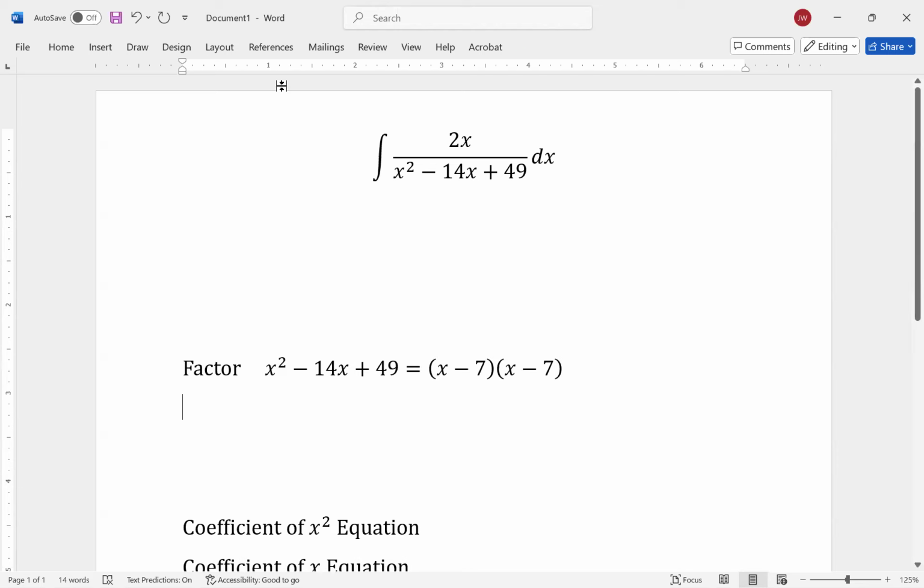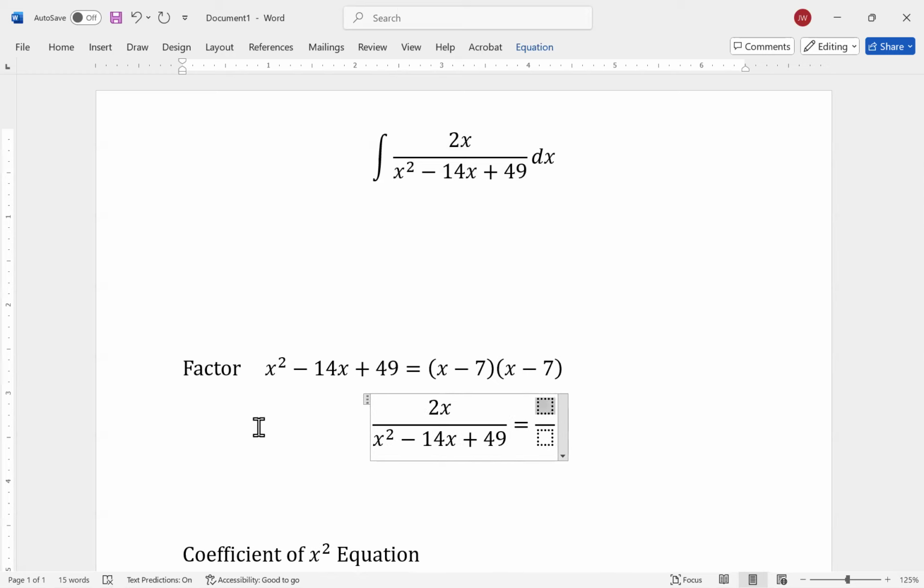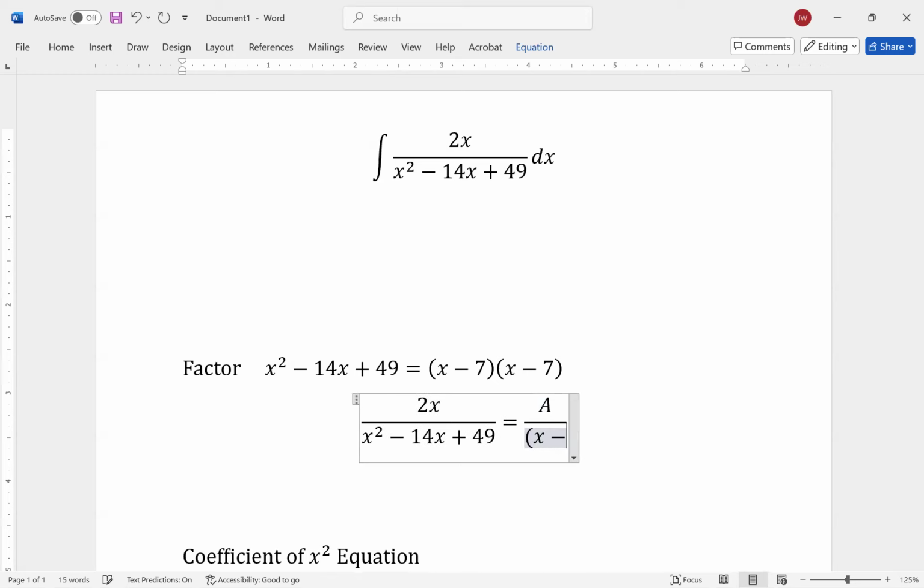So that means my original rational expression can be rewritten as some real number over x minus 7 plus some other real number over x minus 7 squared.